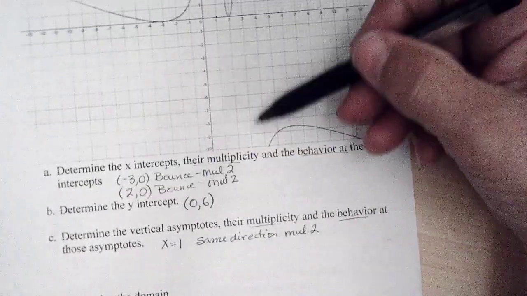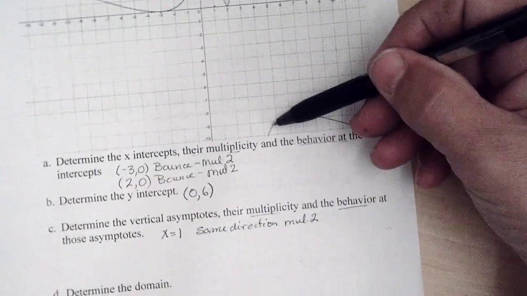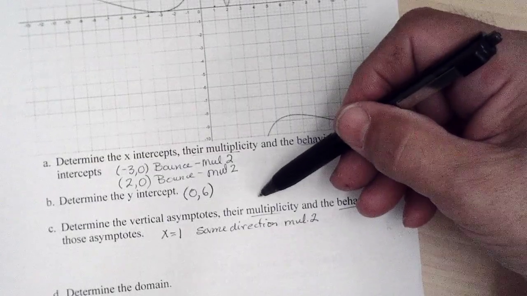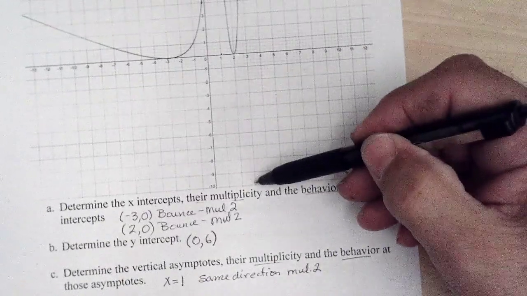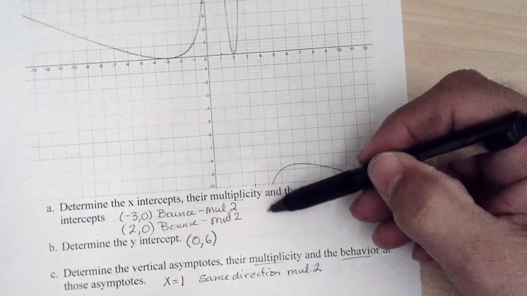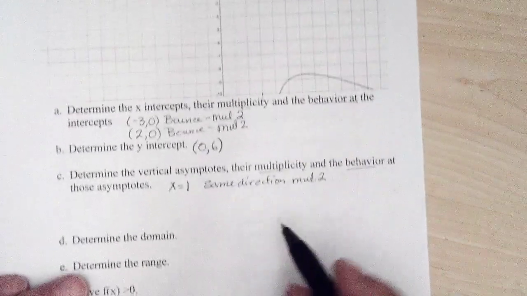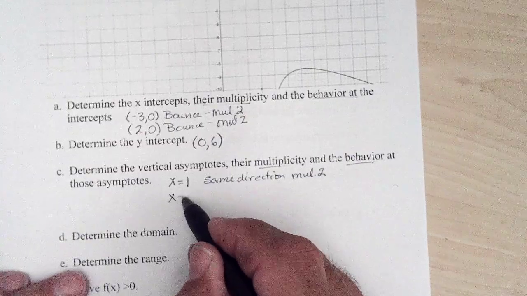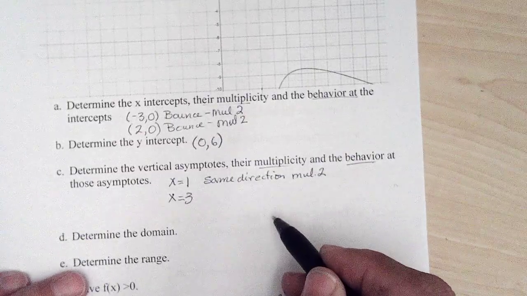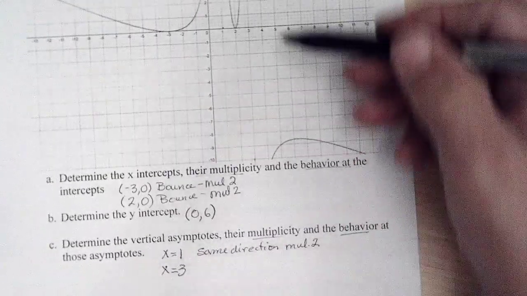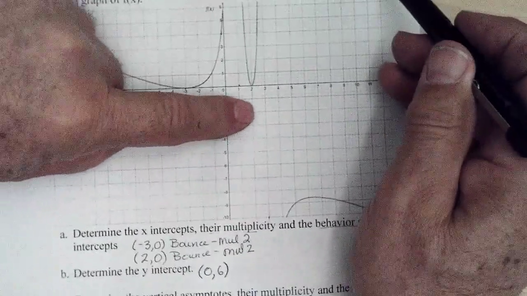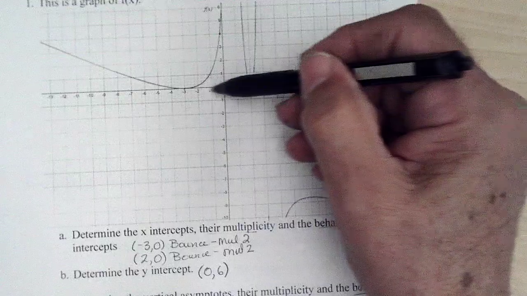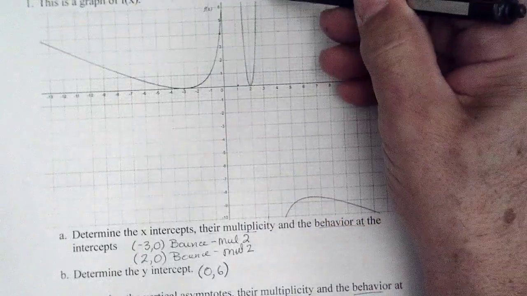There's another vertical asymptote. Looks like this one's angled this way, so it's going to keep going over. The top gets closer and closer. Looks like it might be at 3 that this angles to. So it looks like it's at x equal 3. And in this case, as we approach 3 from the negative side, this one goes up.